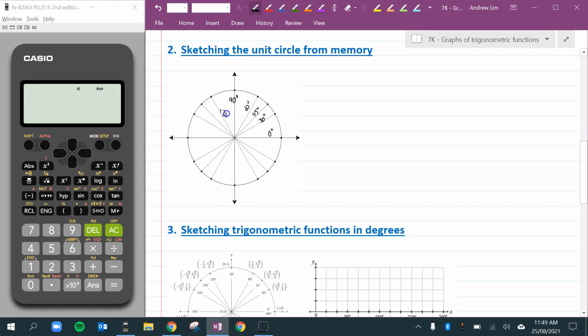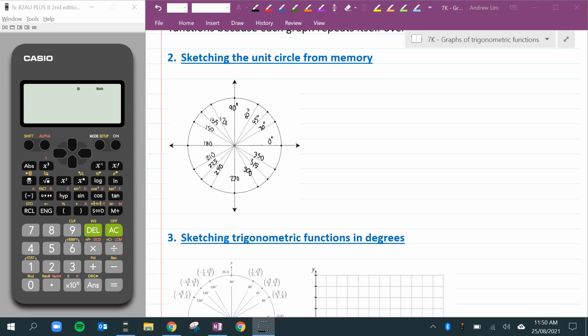So this is 120, 135, 150, 180, 210, 225, 240, 270, 300, 315, and 330. Okay, and they're all in degrees.